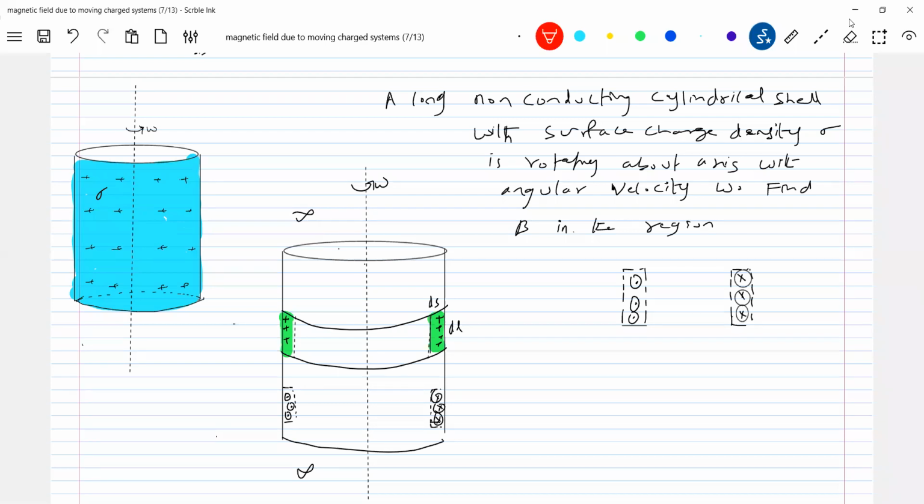B bar due to this will be in this direction, and B bar due to the other one will be in this direction. The magnitude is the same. We have to calculate the net field. We'll take superposition and calculate field inside and outside the pipe. Once you get that, similar to a current carrying strip, I think you can manage. And what about here? We are seeing this.